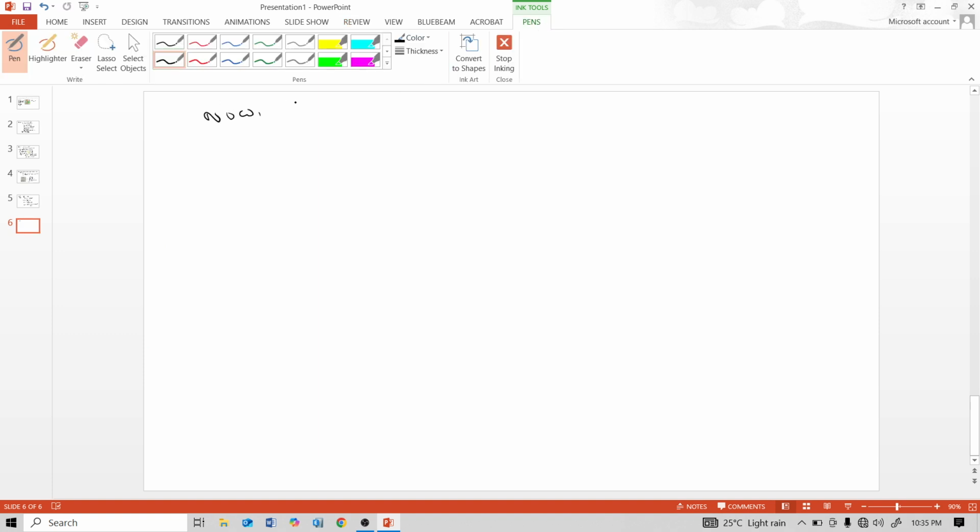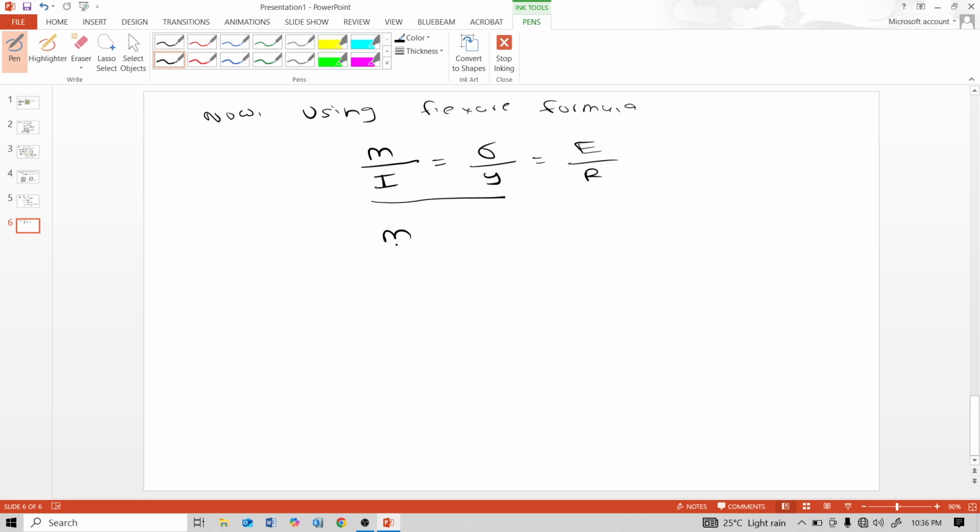The flexure formula is moment of resistance divided by moment of inertia is equal to stress divided by y is equal to E divided by R. Now see, we have stress, we have y, we have moment of inertia. So use this first equation, M by I is equal to sigma by y, and we have to calculate M.